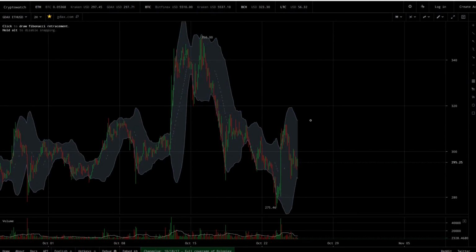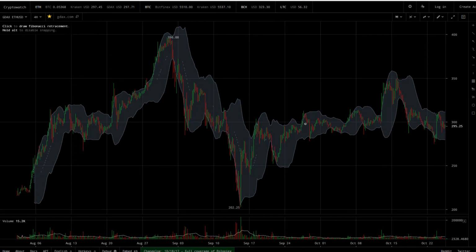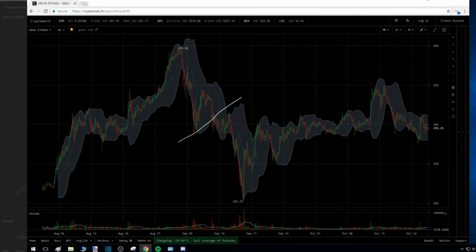If we have a strong bullish move, typically for a continuation pattern, the market's going to go up, then retrace back down to the 38% and continue. And we can use this as a sign of momentum.